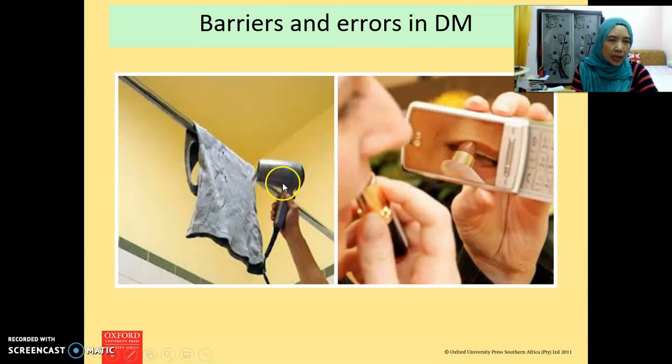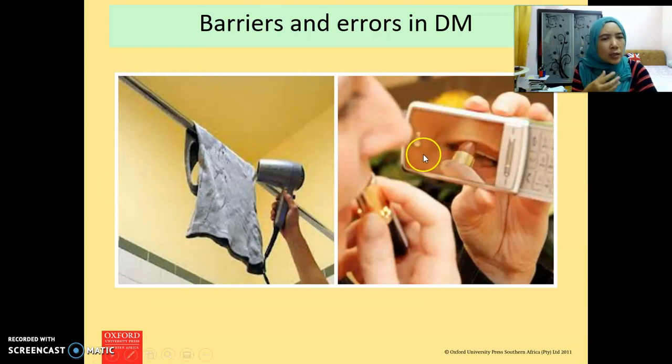If that's the barrier, things like a hair dryer can be used for many other purposes that we never think of. If we have that functional fixedness, we only use the equipment for just that main purpose. How many of us use telephones for just calling, messaging, maybe WhatsApping?